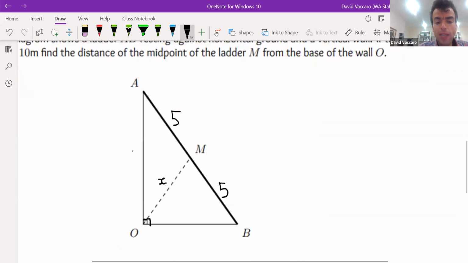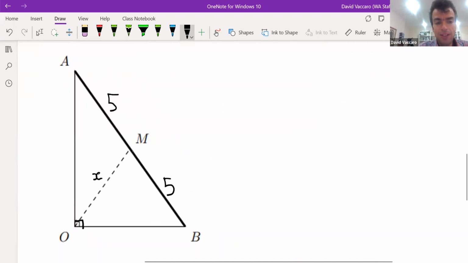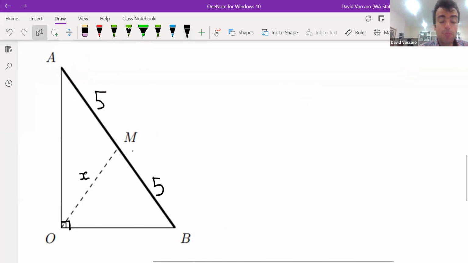There's lots of different ways of doing this question. Okay, and I'm going to be guided by the chat. So if you've got an idea of how to do this question, explain it very, very briefly in the chat. And whoever suggests, the first person to suggest an idea that will work, I'll do the proof in that way.